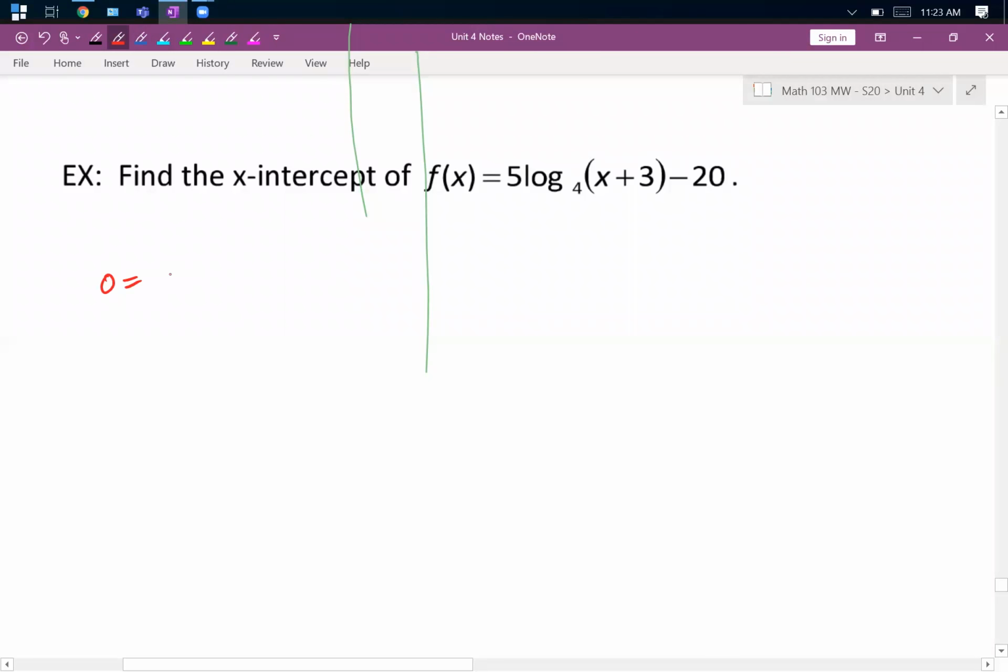We let y be equal to 0 and solve for x. I know that I'm solving a logarithmic equation because my variable's inside the argument of the log.